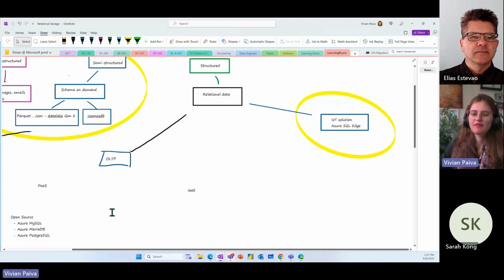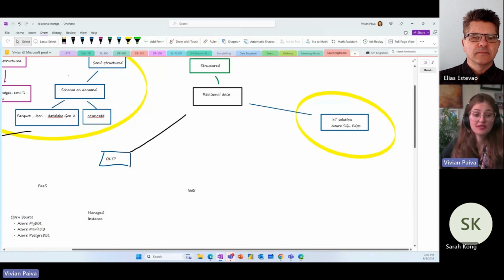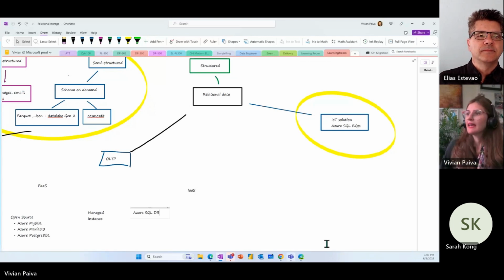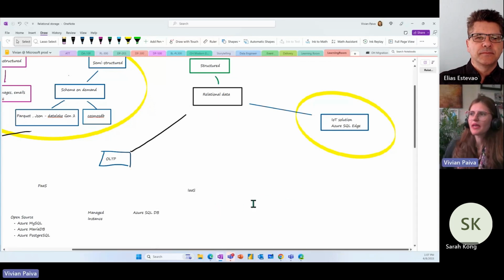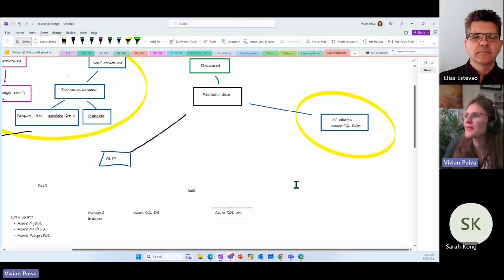Perfect. Then we have managed instance, and we have Azure SQL database. Then part of IaaS, we have Azure SQL VM. So it's just an instance of SQL Server running inside the Azure SQL VM.